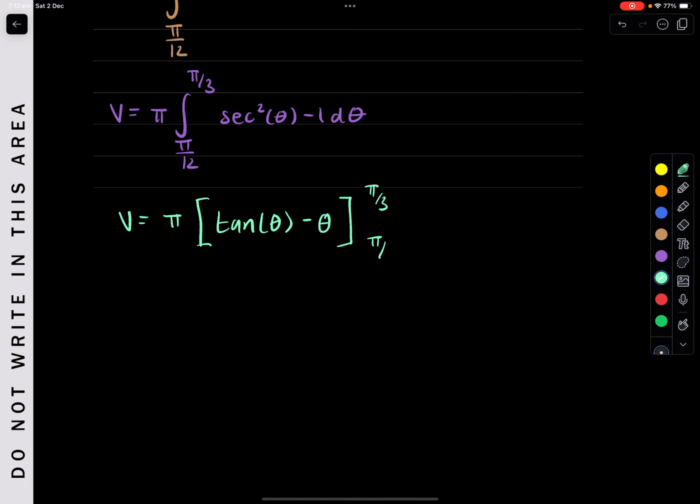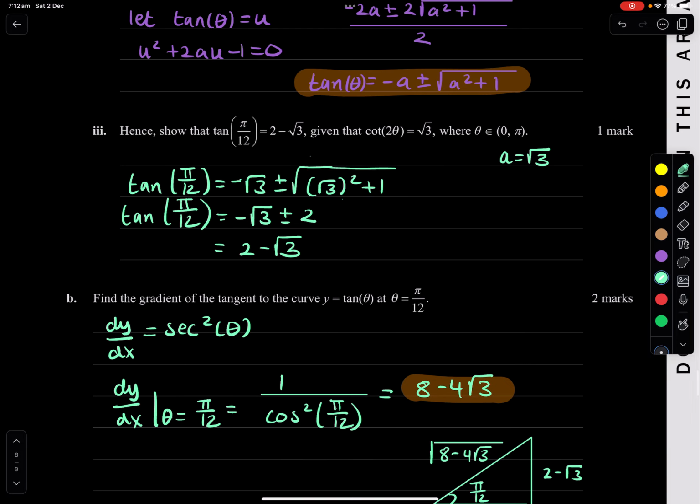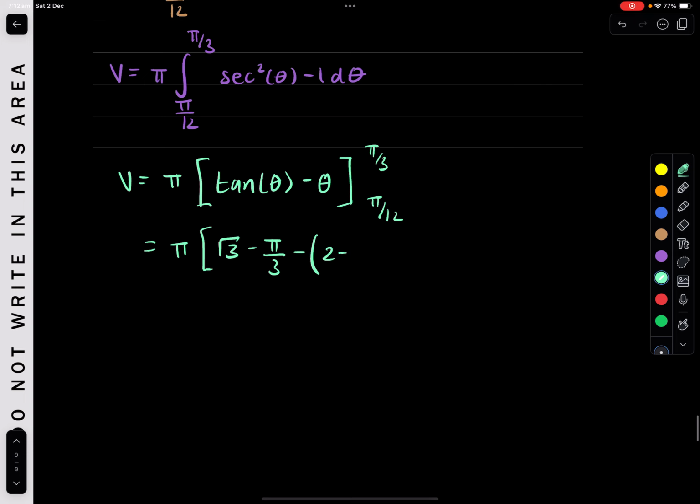And let's sub those in. So if I sub in pi over 3, tan pi over 3 is just root 3, minus pi over 3, minus, what's tan pi over 12? Tan pi over 12 is over here. It's just 2 minus root 3. So 2 minus root 3 minus pi over 12.